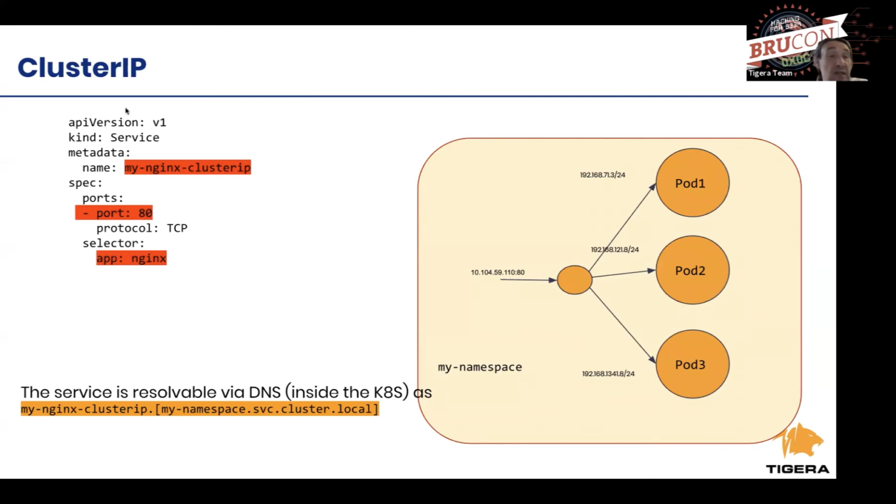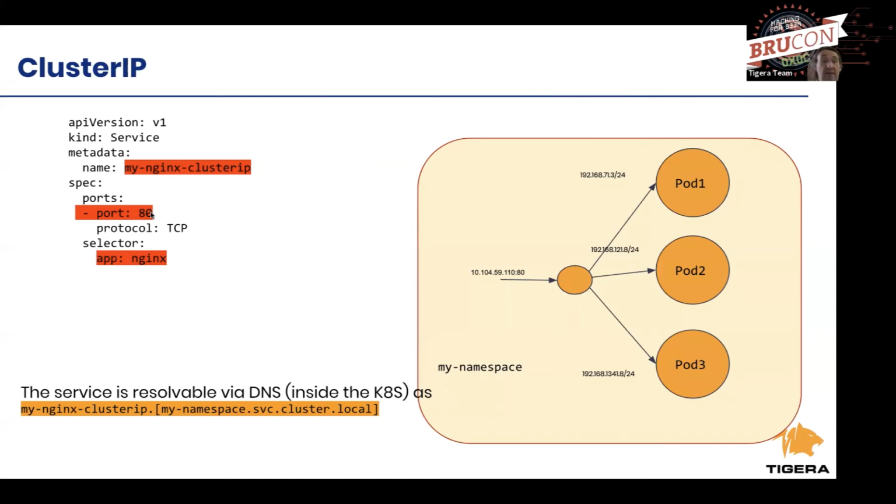So to define a service, it's pretty straightforward. We create a Kubernetes resource of type service. We give it a name. Think about the name for a second, because that name will be used for service discovery. We say that this service catches all the pods with the label app equals nginx, and that this service is reachable on port 80.